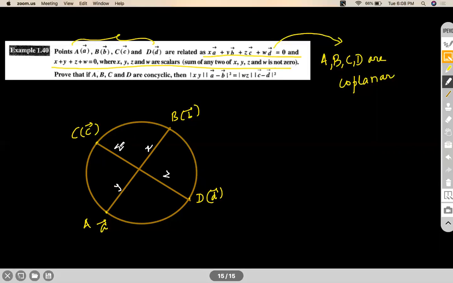Correct? Yes or no? I'm not claiming that this is center. Center may be somewhere over here. Okay. I'm not claiming that this point of meeting is the center. I'm just saying these are like 2 chords which are intersecting each other. Correct? Now, proceed further. How does this lead to this situation? There is one special law in circle which this condition actually speaks. I want to see whether you're able to figure that out.